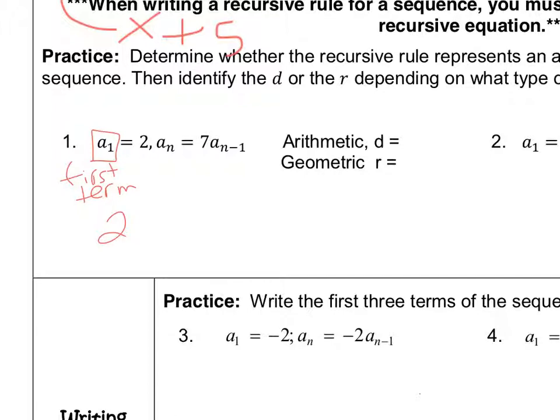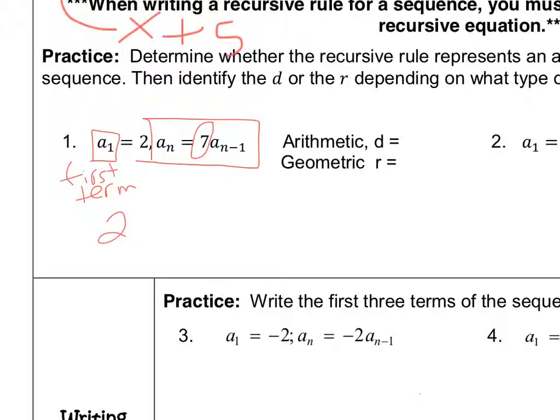And then they've given us the recursive formula. In this formula, it's either going to be multiplying if it's geometric or adding if it's arithmetic. Well, I can already see that this is 7 times the term before, so this one is a geometric sequence.